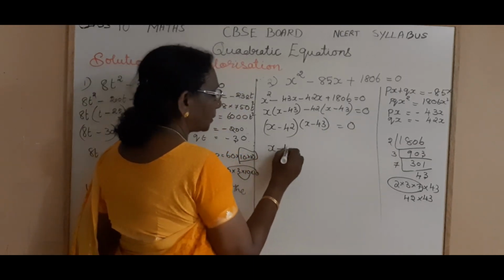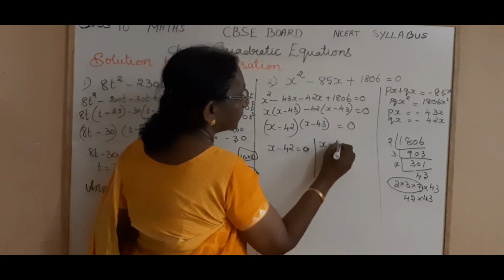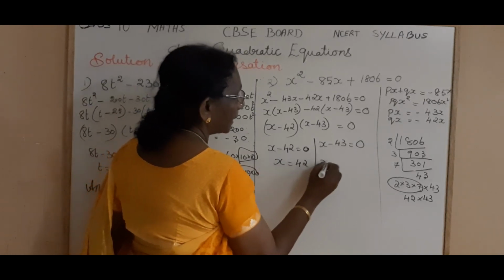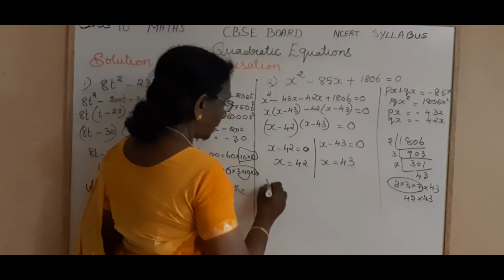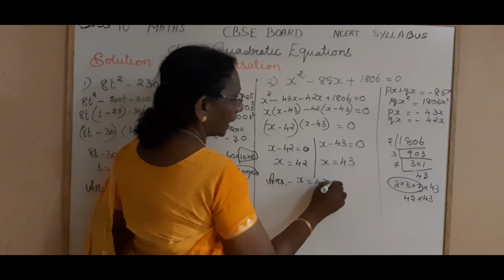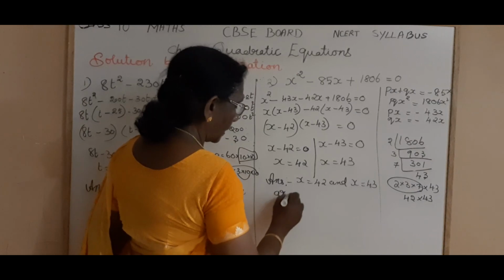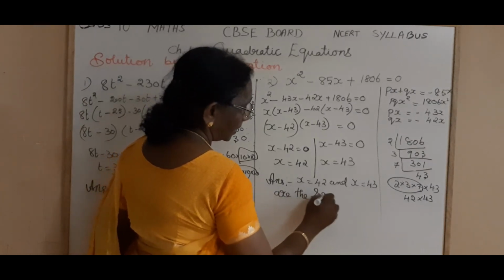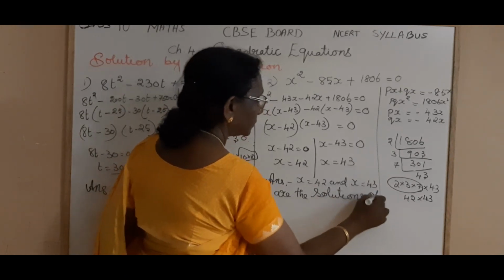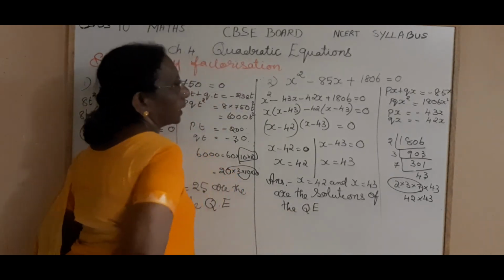So x minus 42 equals 0 and x minus 43 equals 0. So x is equal to 42 and x is equal to 43. Therefore, the answer is x is equal to 42 and x is equal to 43, or the solutions, the roots of the quadratic equation.